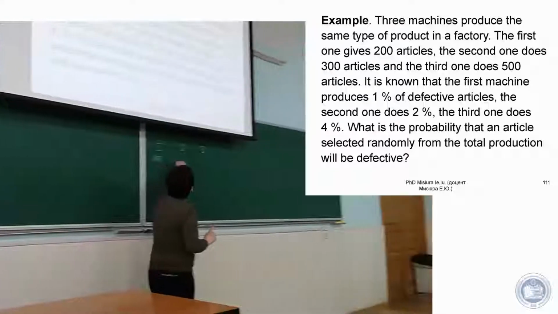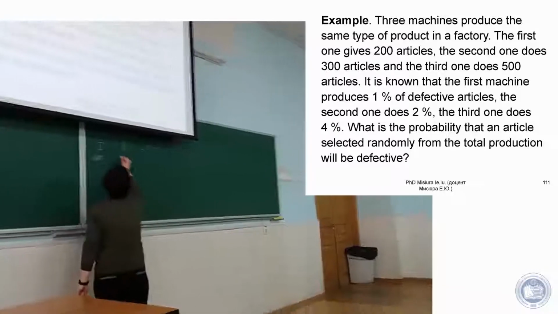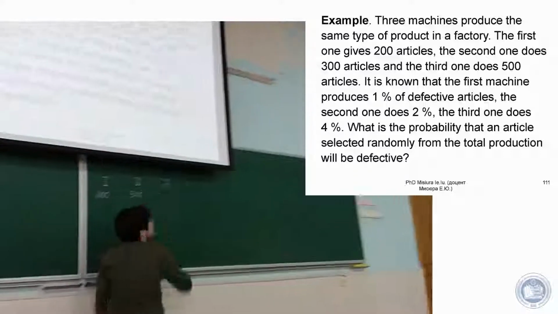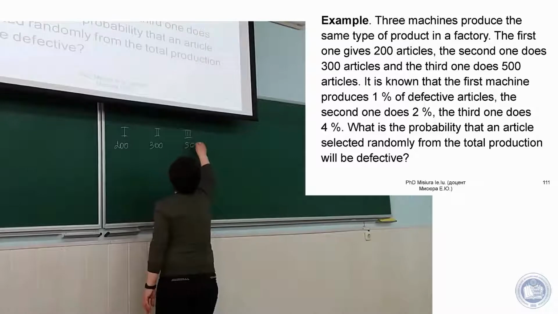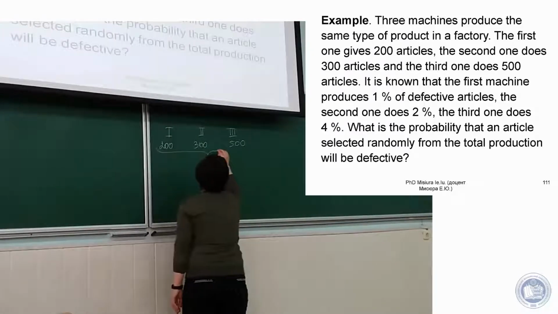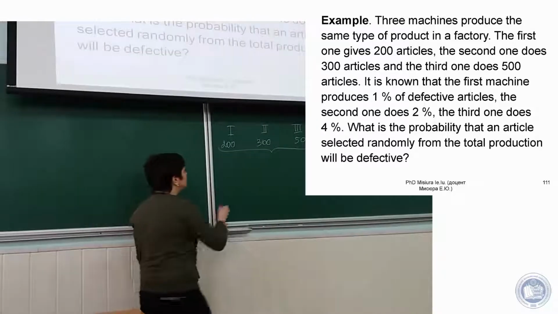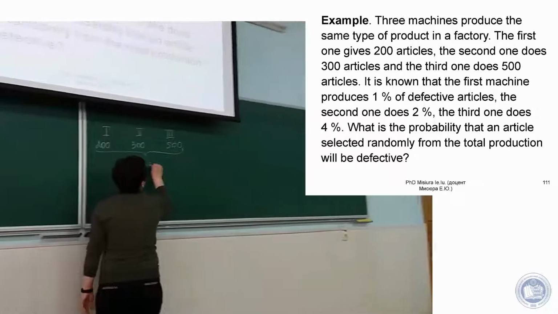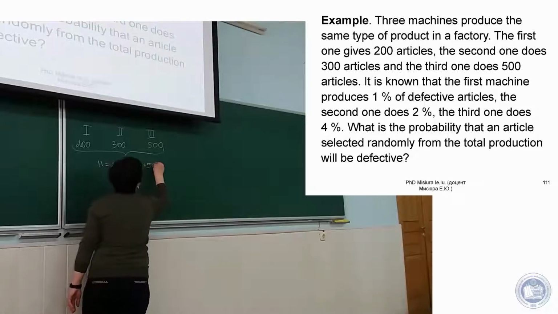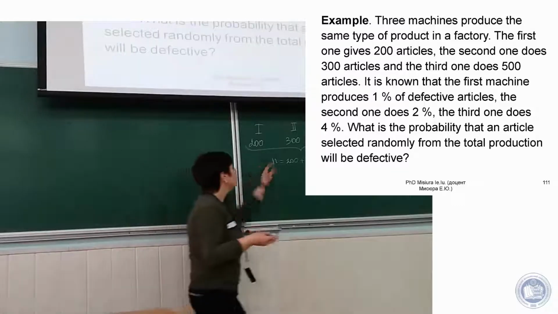The second machine gives 300. And the last machine gives 500. In order to find the total number of articles, you need to add all numbers and get N equals 200 plus 300 plus 500. Our total production will be 1000.